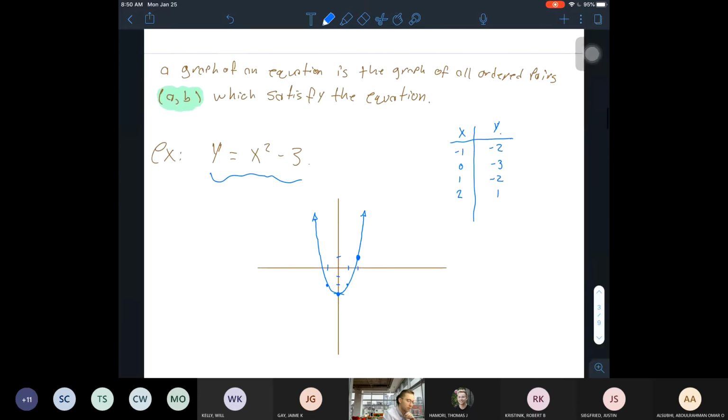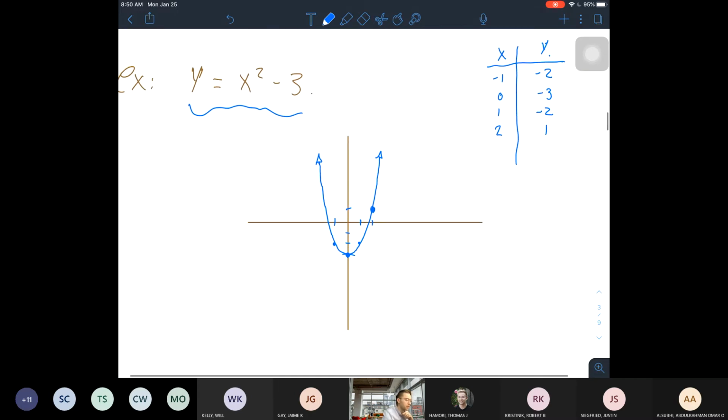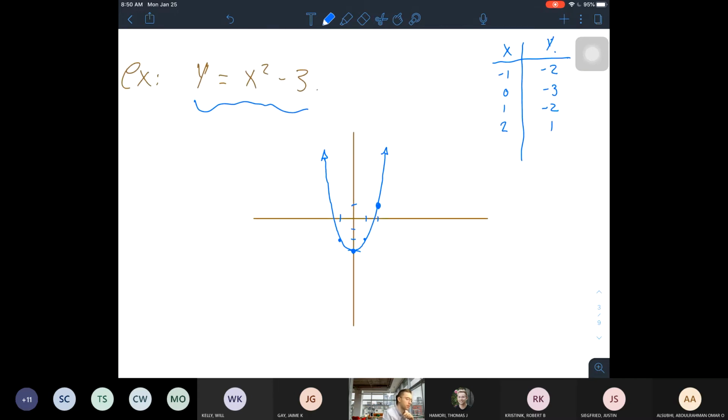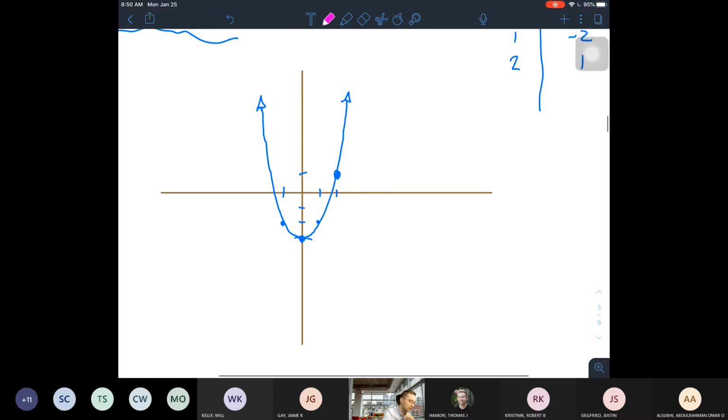You do, in general, want to be careful about doing this kind of graphing, just because if we didn't have this additional information that we already know that this should look like a parabola, there's lots and lots of ways which we could connect these points. For example, I could draw something which looks like this.